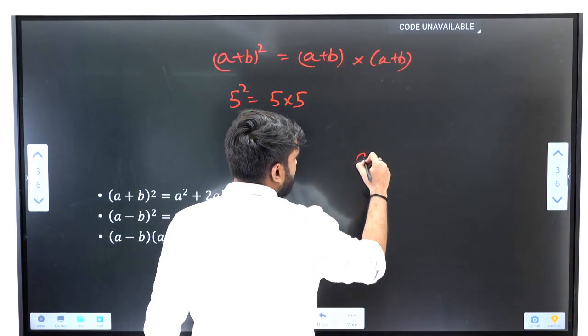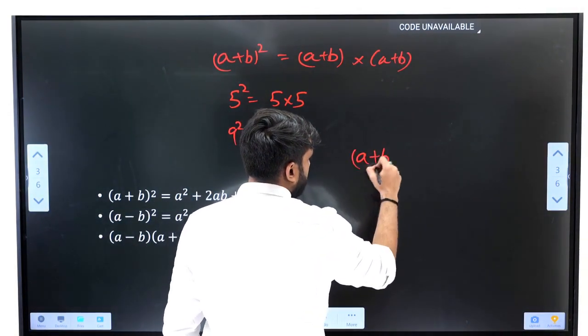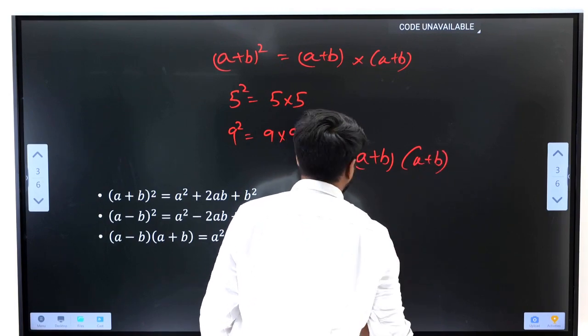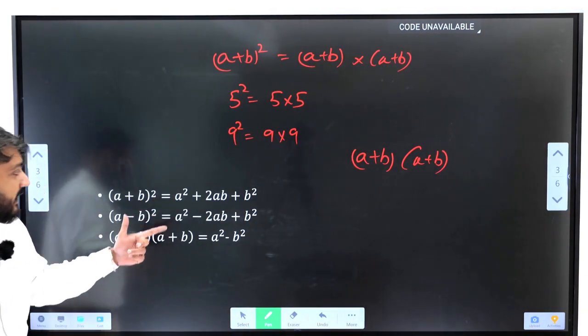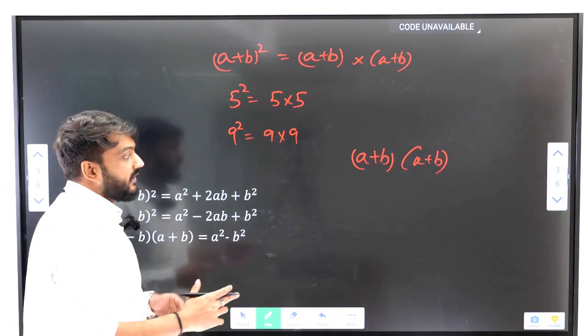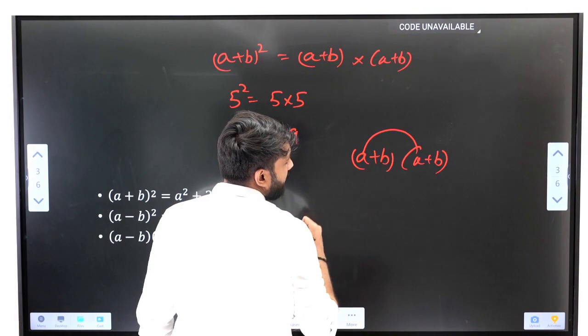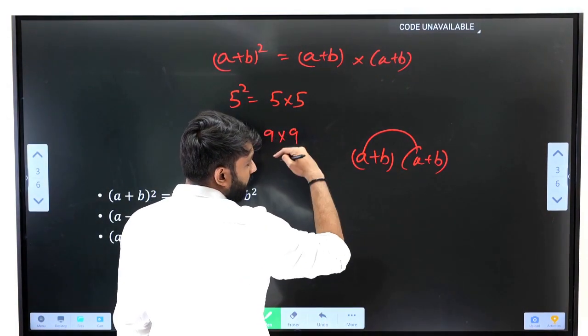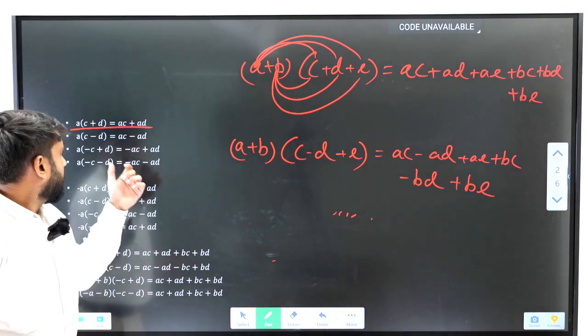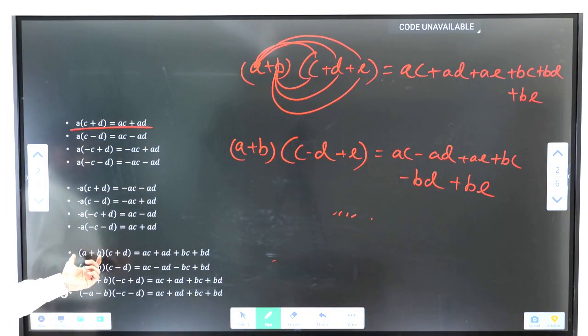Now, why does this expansion help? This expansion is helpful for you to understand why (a plus b) the whole square opens up as a square plus 2ab plus b square. Let's try it out. If I multiply this a into this a, applying the same rules from the previous slide, you know, (a plus b) into (c plus d): a into c, then a into d, then b into c, and then b into d.